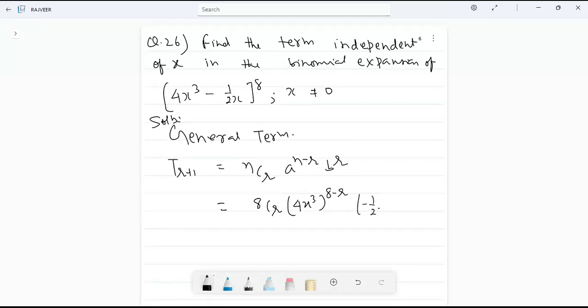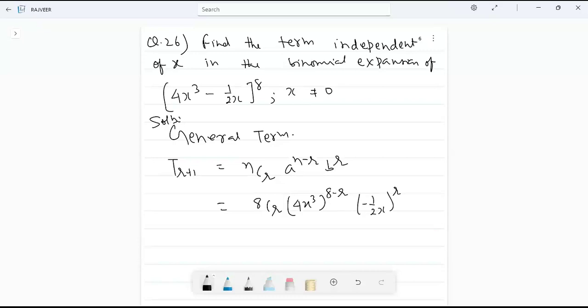You tell me, Rajveer, whether you understood the last step that we have done. In the first step, I have just written the formula. In the second step, n equals 8, a equals 4x cube, and b is negative 1 over 2x.